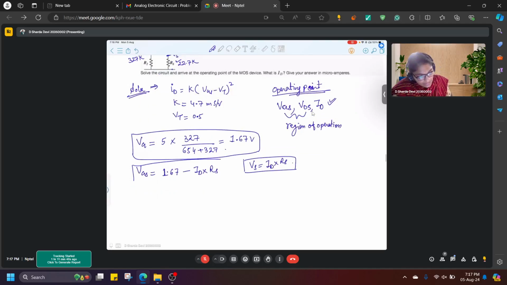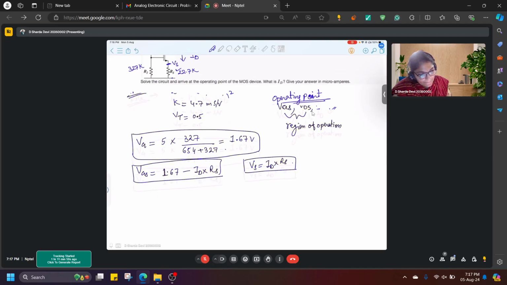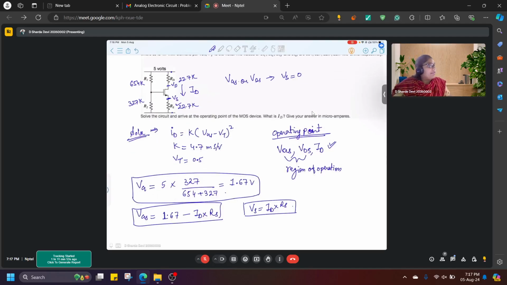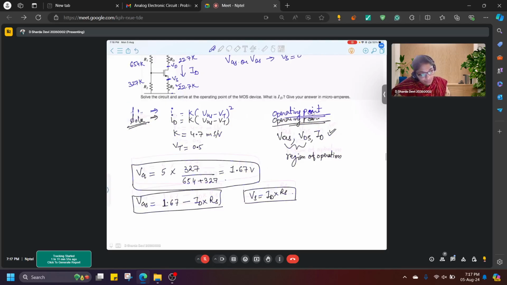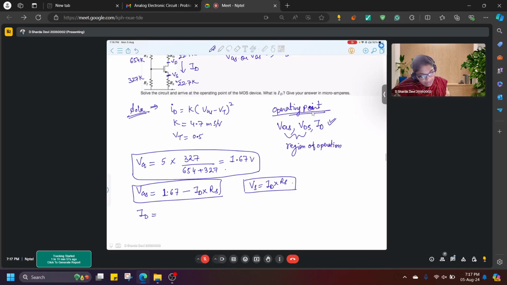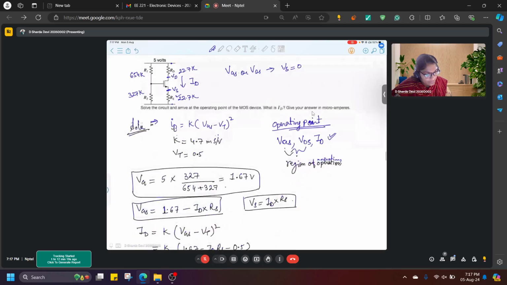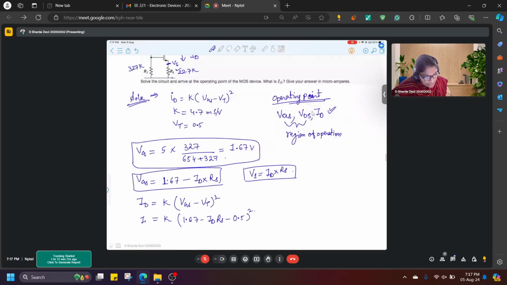So this is your VGS. Now, if we see how we will write ID, that is K times (VGS minus VT) whole square. That is K times (1.67 minus ID RS minus 0.5) whole square is ID.